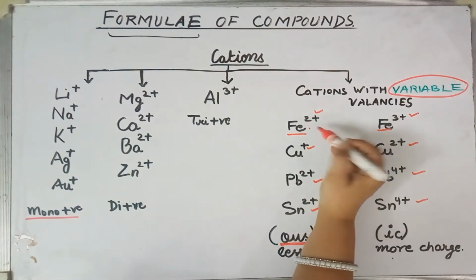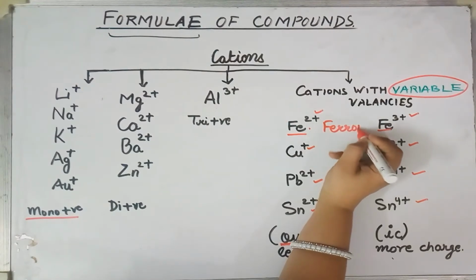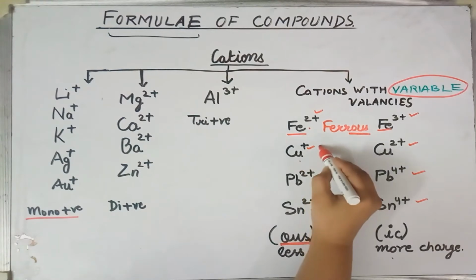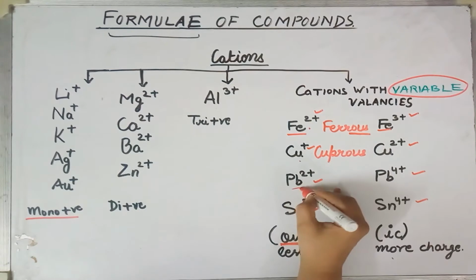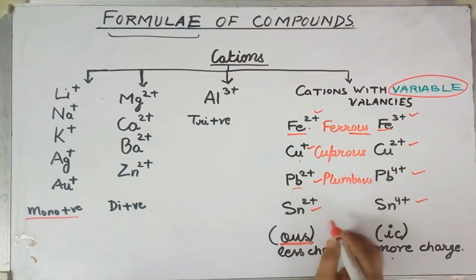If it is iron, it will be named ferrous. If it is copper, it will be named cuprous. If it is plumbum, it will be named plumbous. And in the same pattern, it will be stannous.